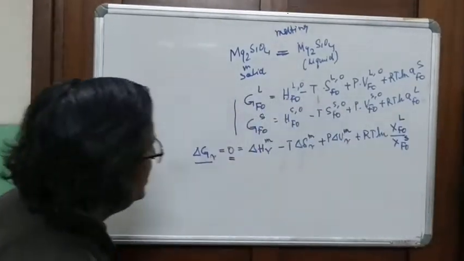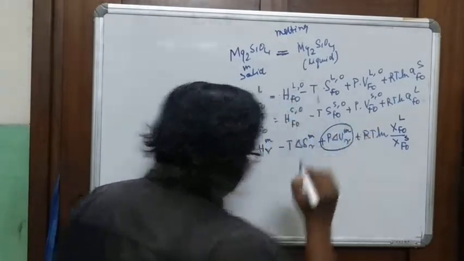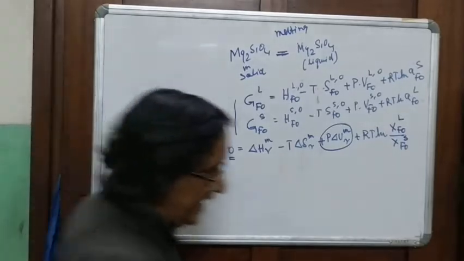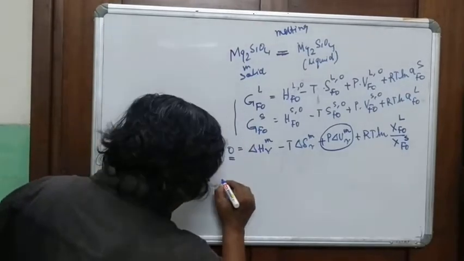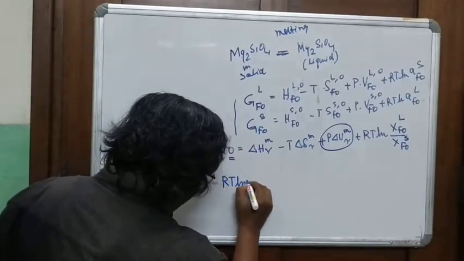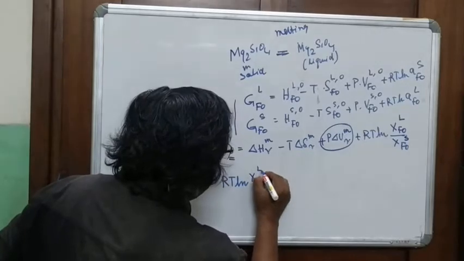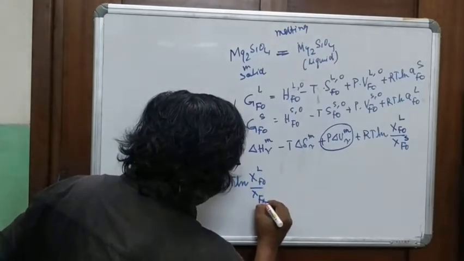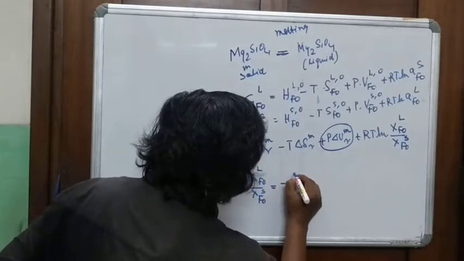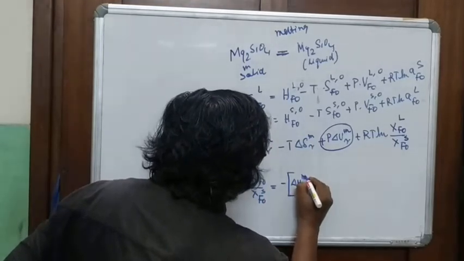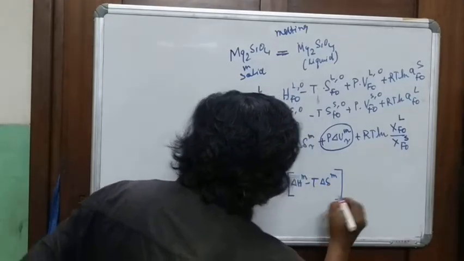If we, for our argument, ignore the pressure term, then we have the expression RT ln X forsterite in the liquid divided by X forsterite in the solid, equal to minus delta H of melting minus T into delta S of melting, and that is the expression.